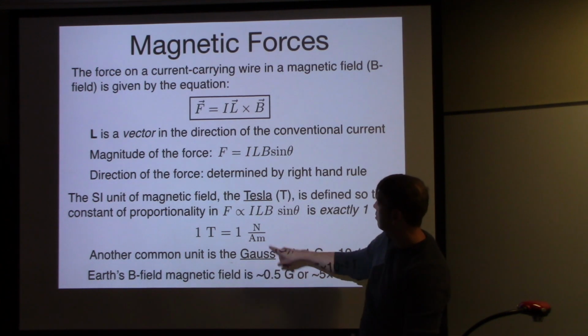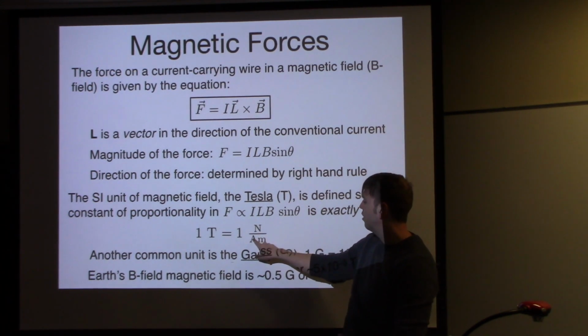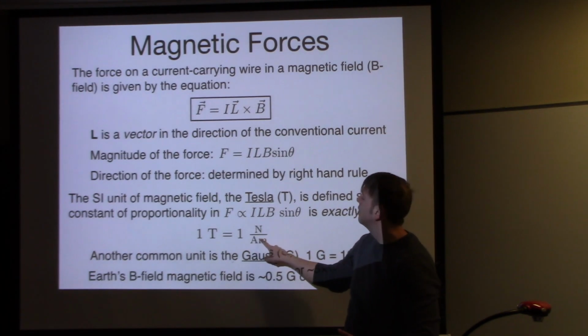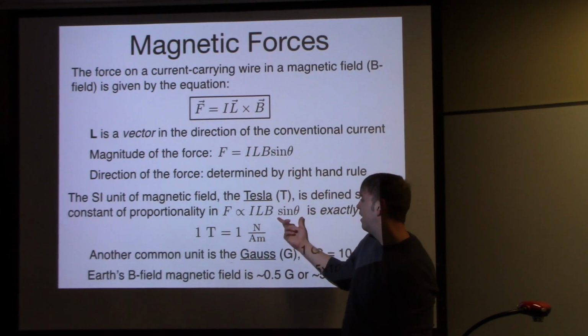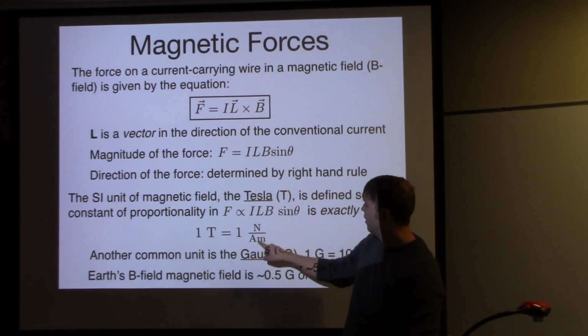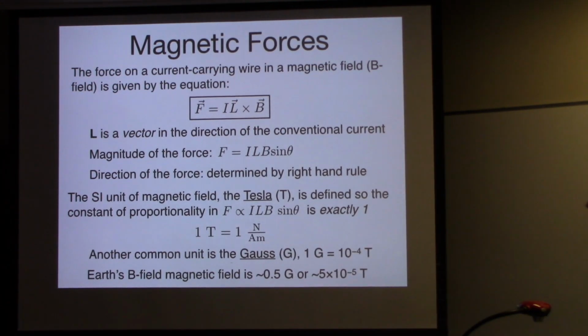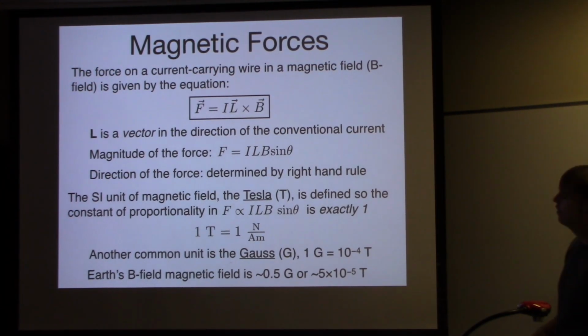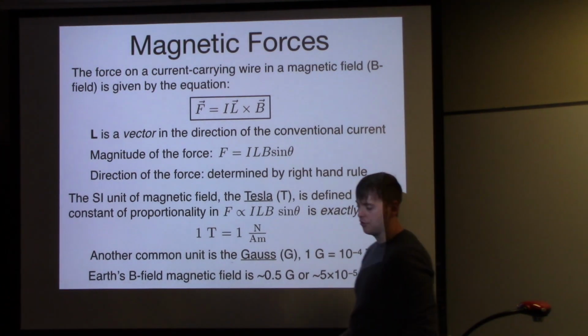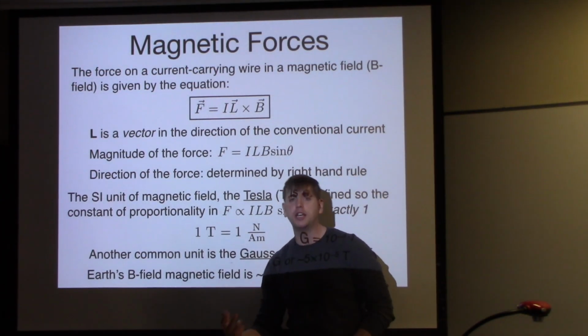So if you analyze the units, it's going to be a force divided by a current times a length, and in the SI system we have a Newton for the force, an ampere for the current, and a meter for the length. So that's a Tesla.